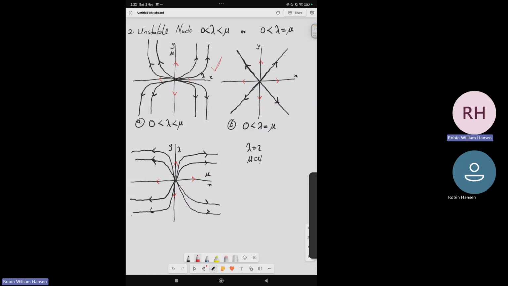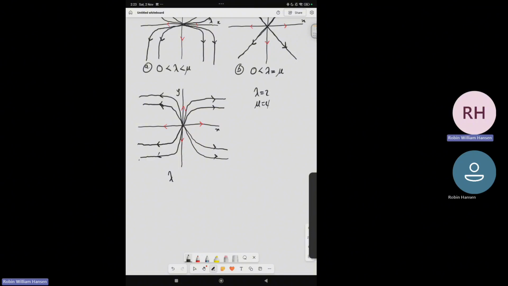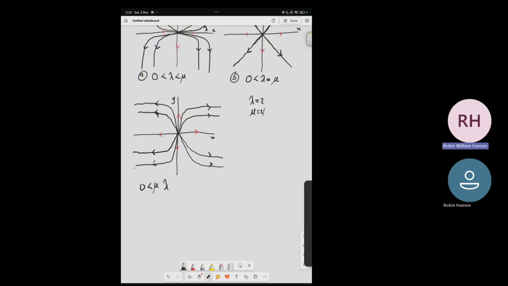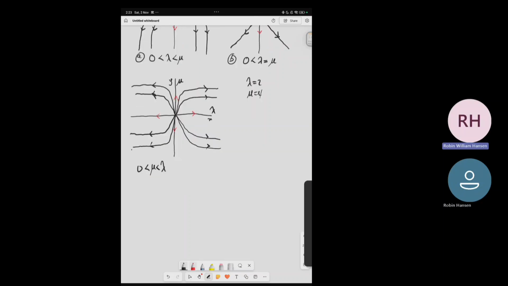And if we have the same, which we then reverse, if we have lambda greater than mu, and we have lambda to be here and mu to be here, you will see that in this case, lambda can either be 4 and mu can be 2.